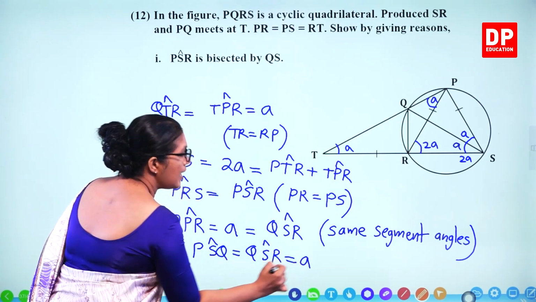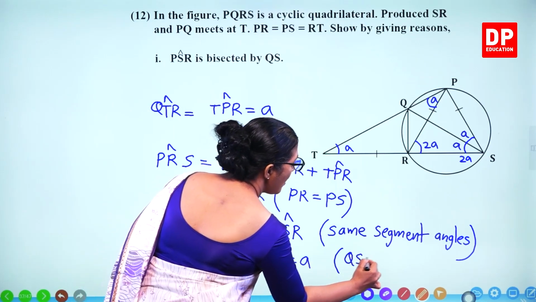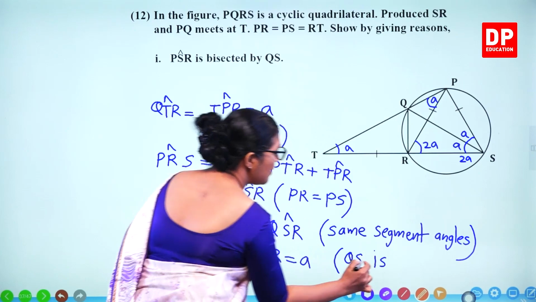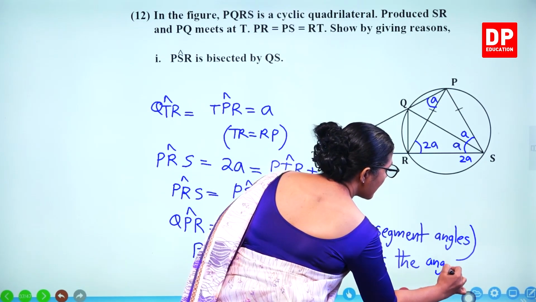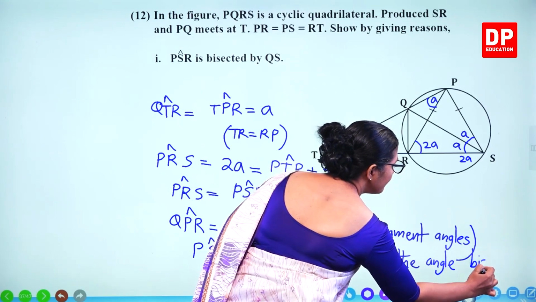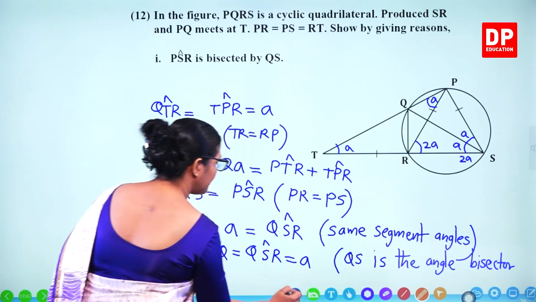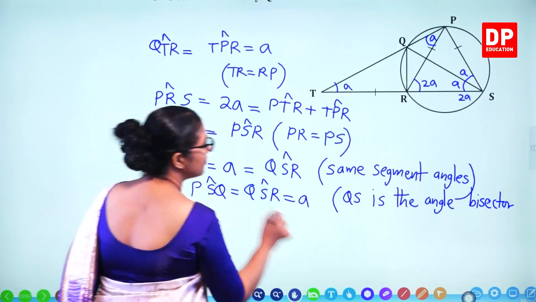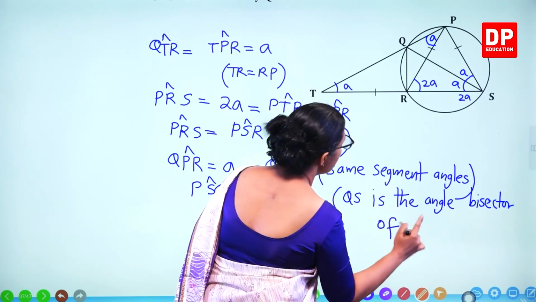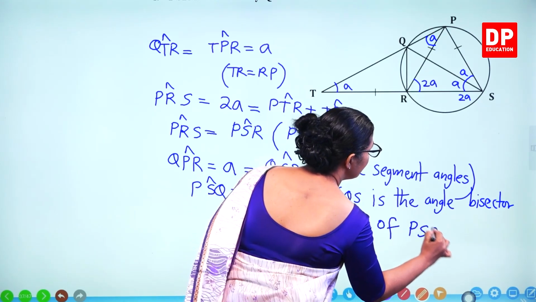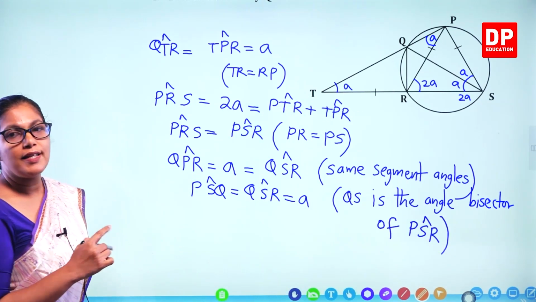Each one is A, so that means you can say QS is the angle bisector of PSR. So you can easily prove that.